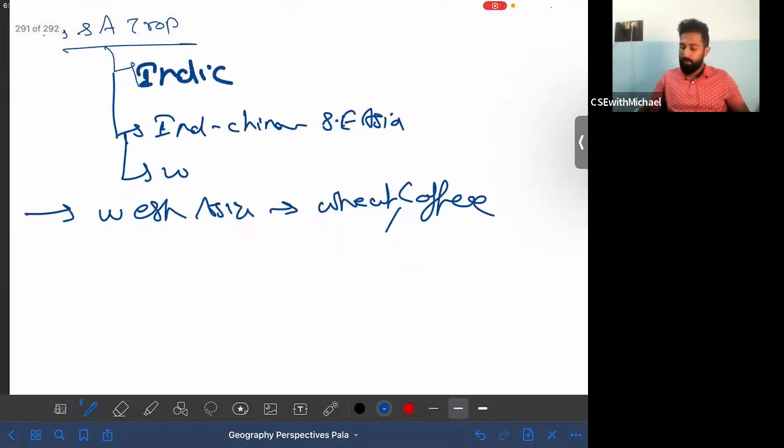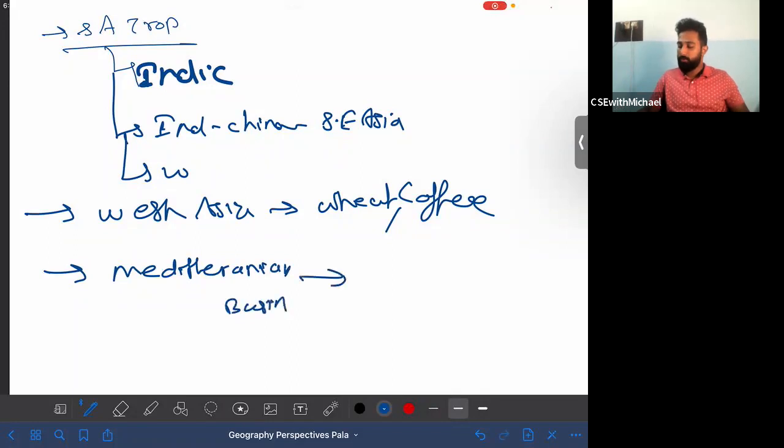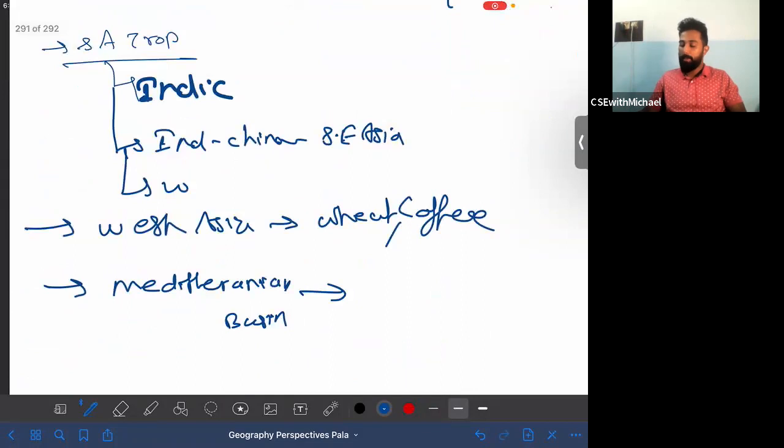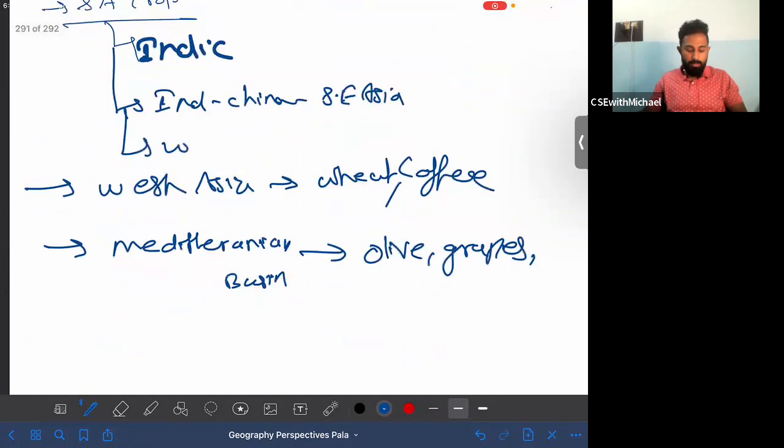Then the third one would be the Mediterranean basin. That's another region of gene pool center. We have to mention East Asia also here, so we'll type that last. Mediterranean basin is famous for olives, citrus crops, grapes, etc. Several other vegetables and fruits have originated in the Mediterranean basin.